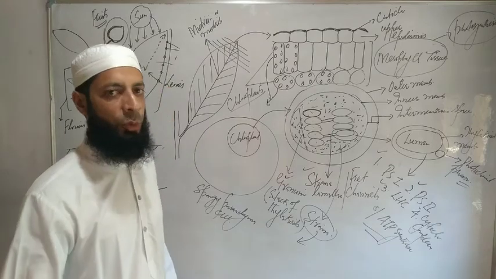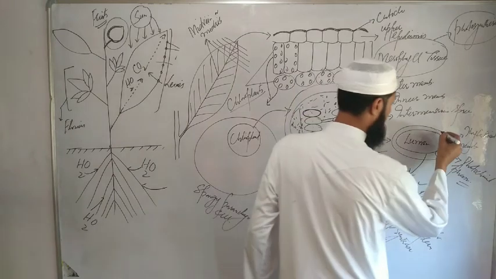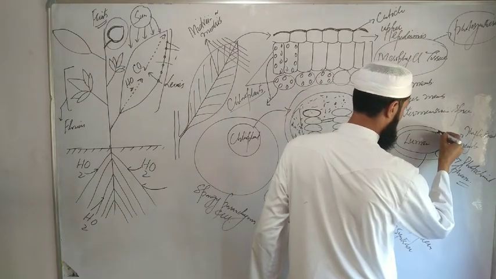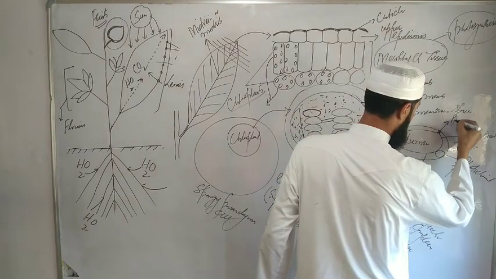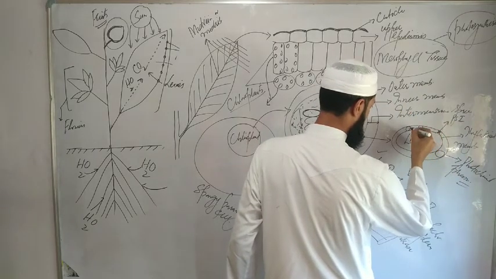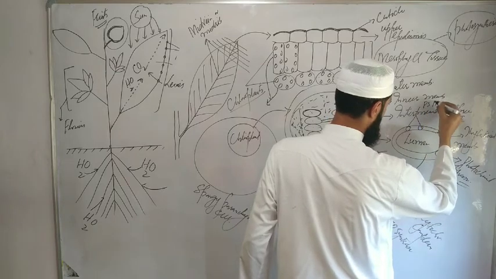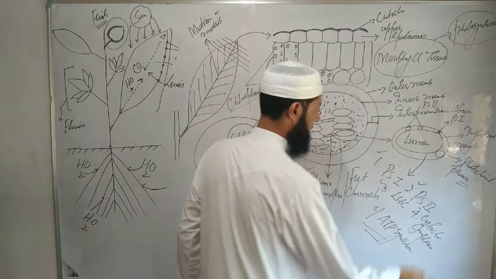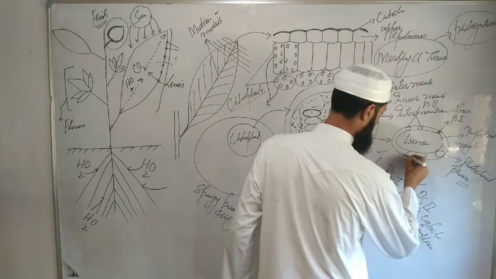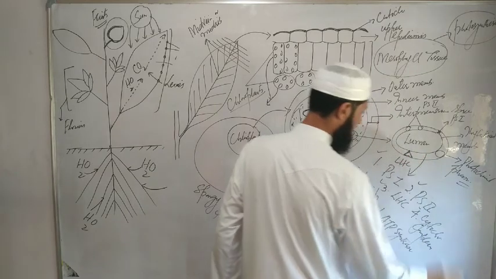Now I will come to the first question. That means here you have photosystem first. Here you have photosystem second. Then you have light harvesting complexes.